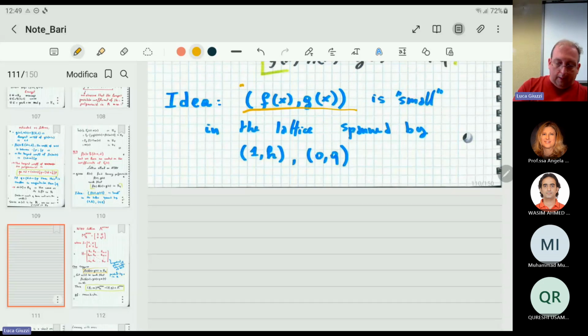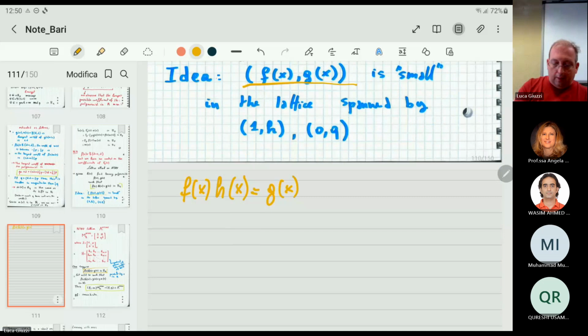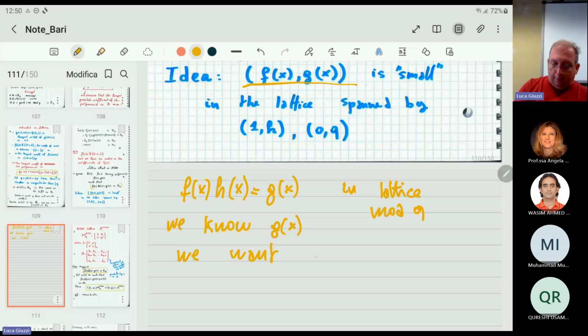We have f of x times h of x is g of x, we know, in the lattice, mod q. We want f of x, g of x.